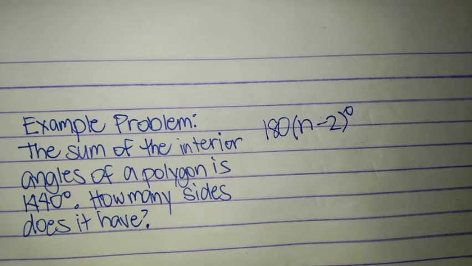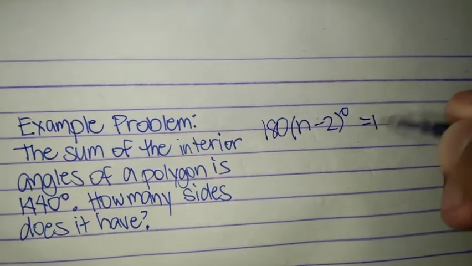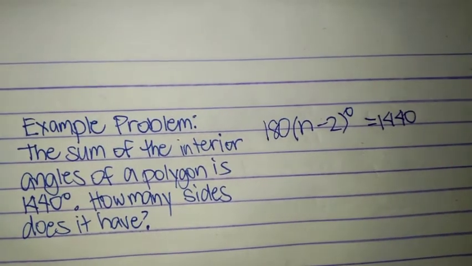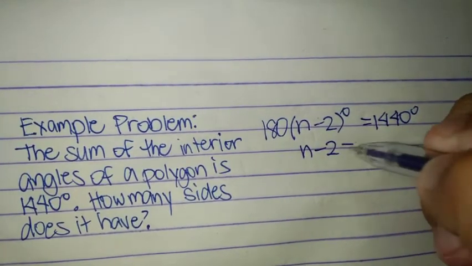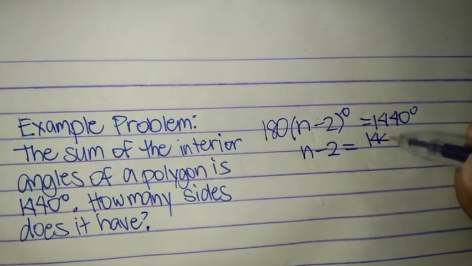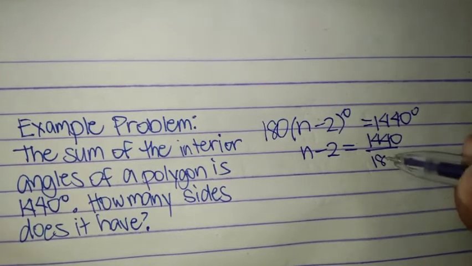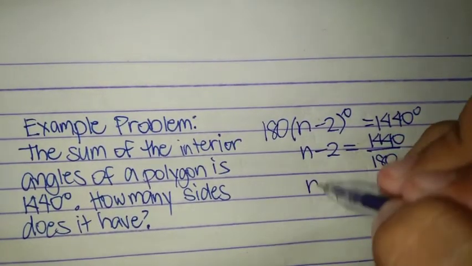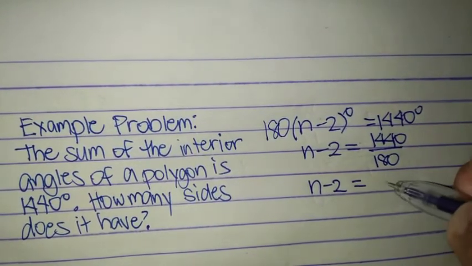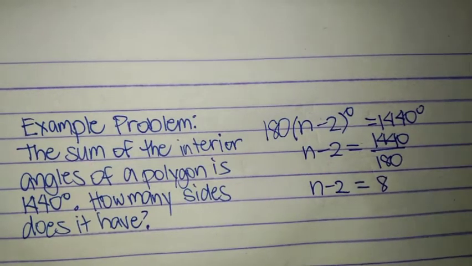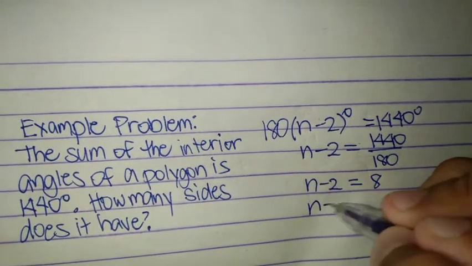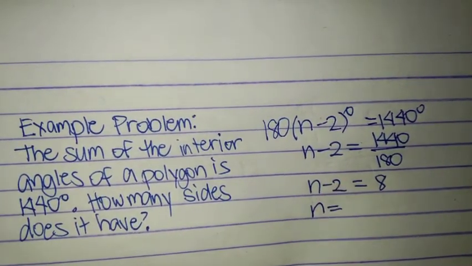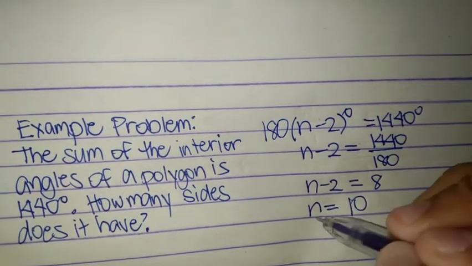We just equate it to 1,440 degrees. So we have n minus 2 equals 1,440 over 180. n minus 2 equals 8. And then we can solve for n. n is basically 8 plus 2 equals 10.